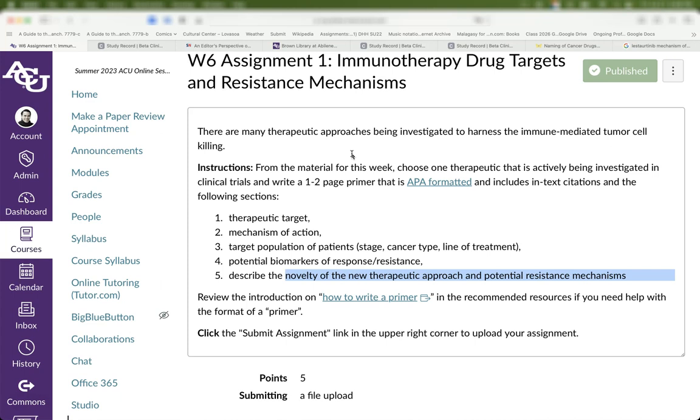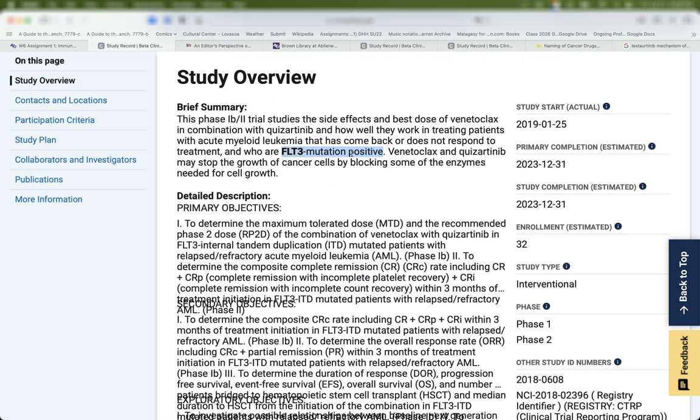If it's a narrow target, or it depends on a mutation, looking at this, they're evaluating side effects and best dose for using this combination of two therapies, and how they work with patients with this characteristic who have relapsed or do not respond, and who are FLT3 positive. There's a lot you could look at in there.